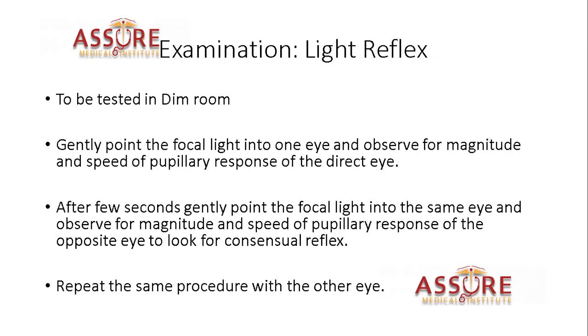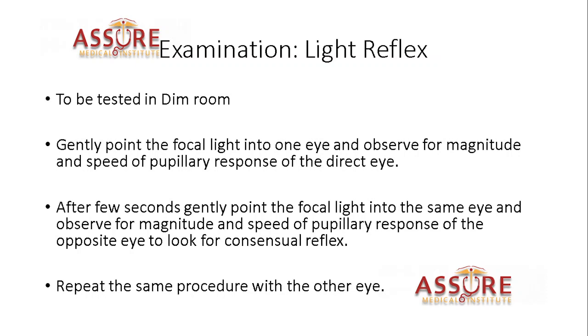For example, you flash the light into the right eye, you have already observed the direct reflex, and this time you observe for the consensual reflex in the left eye.